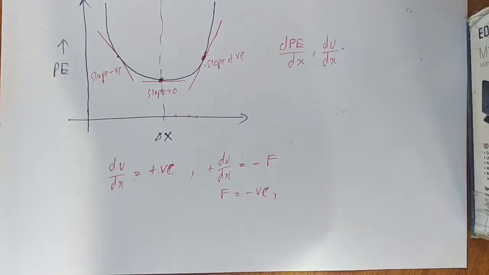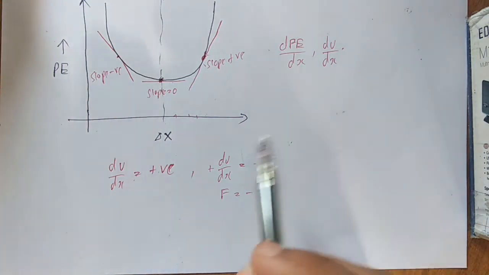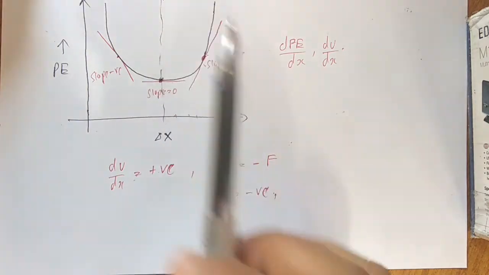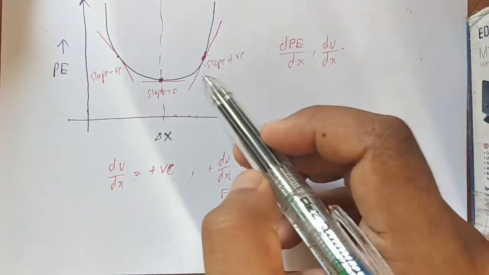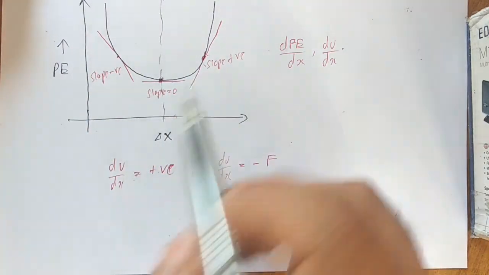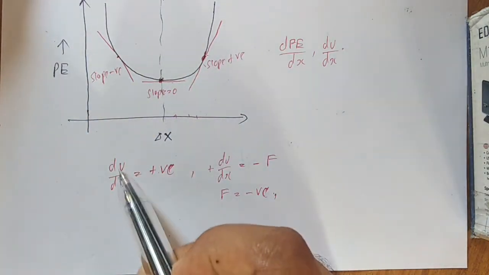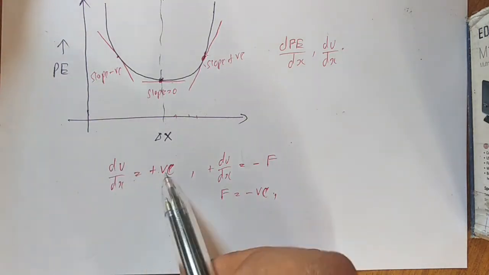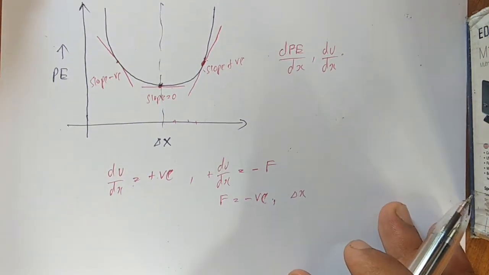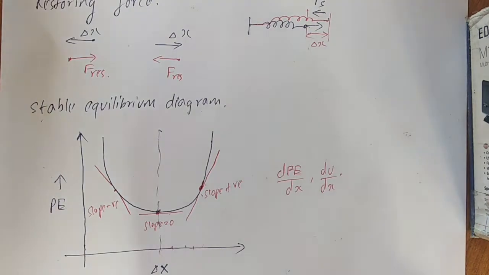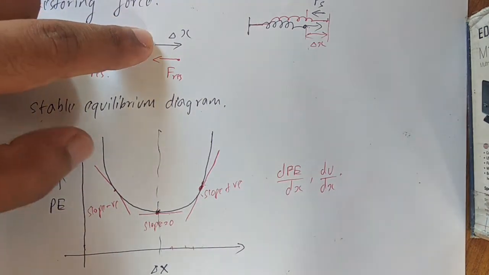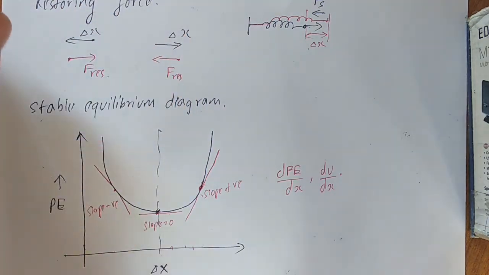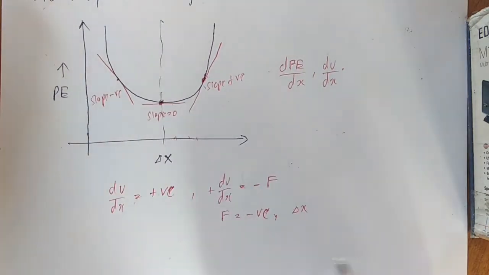Also, when x is increasing on this side, the potential energy is also increasing, which means the slope is positive. We have already discussed the concept of restoring force. When change in x is positive, the restoring force would be negative, which means that this has a restoring effect.